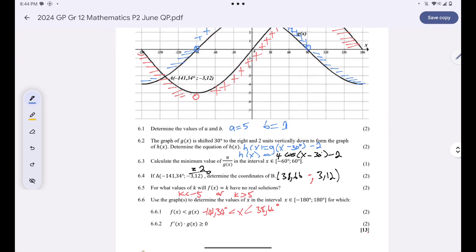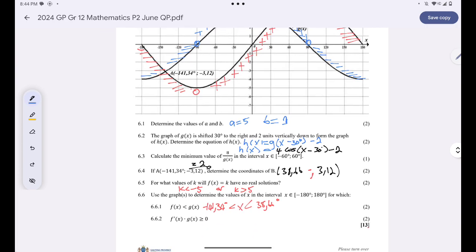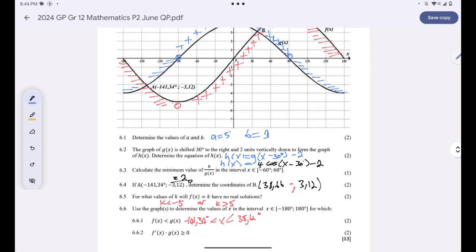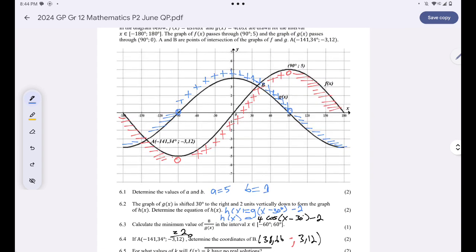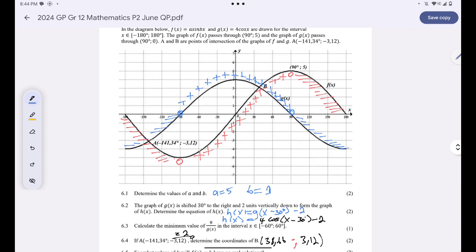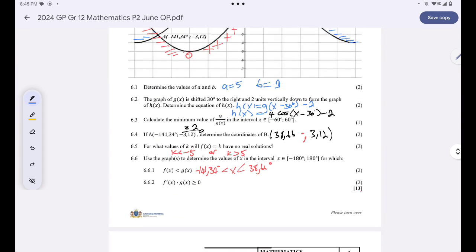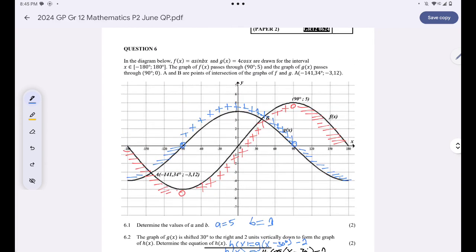Okay, so in this case, I want the values of x whereby the gradient and the y value of the other function have the same sign together. So if the gradient of f is negative, I want my value of y for g to be negative as well. Are we together? They must have the same signs.